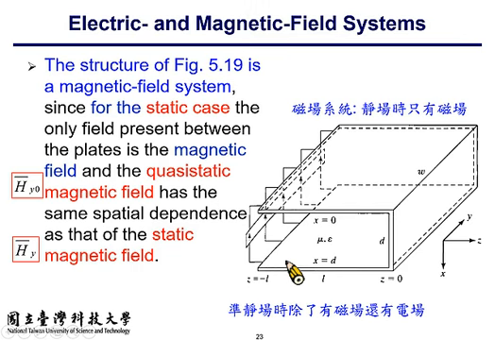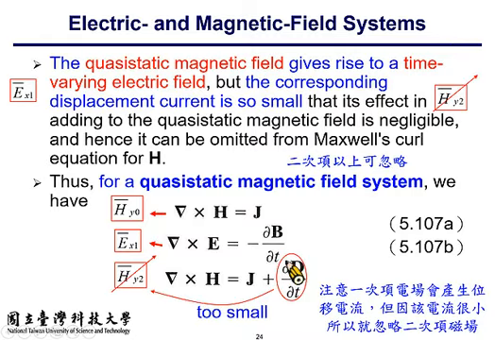So the quasi-static magnetic field gives rise to a time-varying electrical field and the corresponding displacement current. Beginning from this relationship, we know that the electrical currents introduce a magnetic field. And if the magnetic field is time-varying, it will build an electrical field.